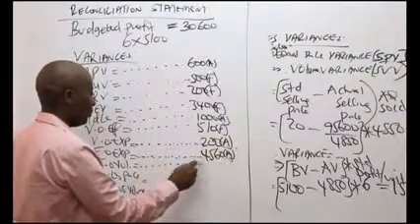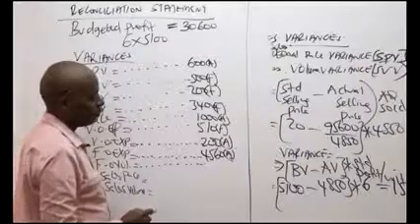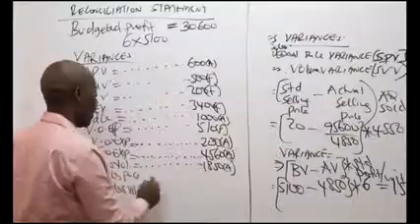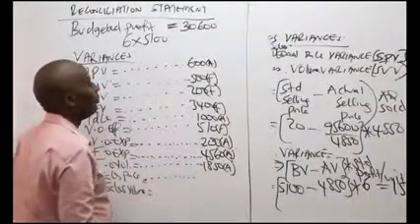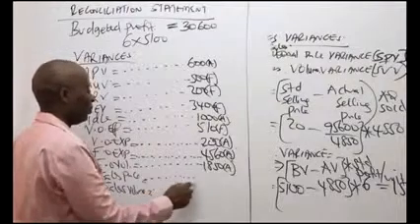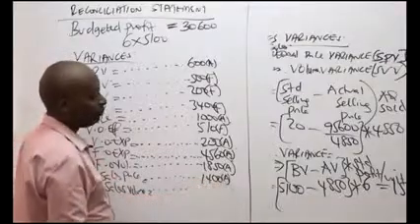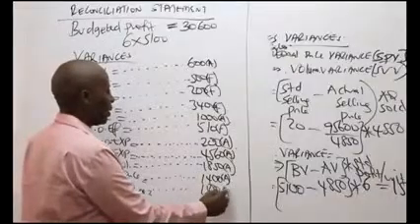Volume: 1850 adverse. Sales price: 1400 adverse. Sales volume: 100 adverse. Thank you very much.